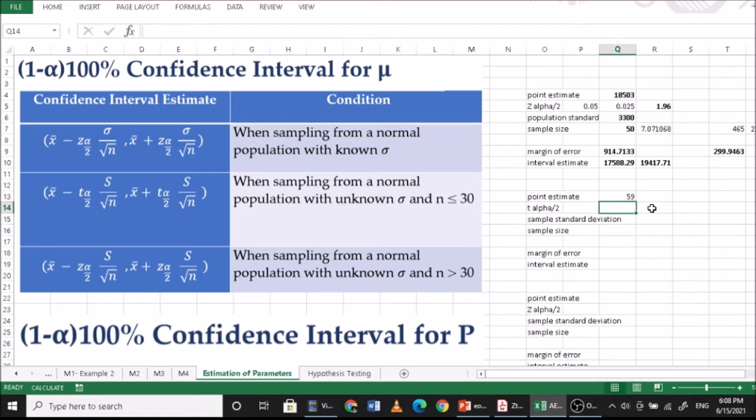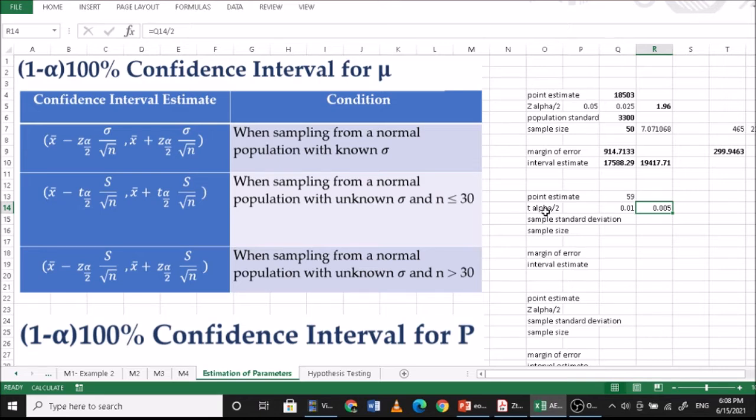Then since this is t alpha over 2, and we are going to use 99, this is now 1 minus 0.99, and of course, divided by 2. And since you're going to use the t table instead of the z table, we're going to look at 0.005 as the alpha, and your df is n minus 1.